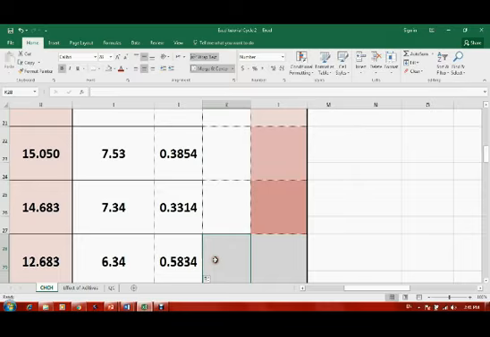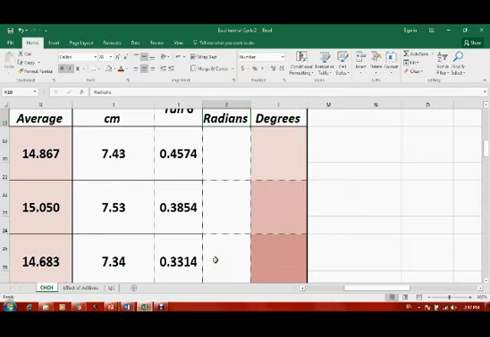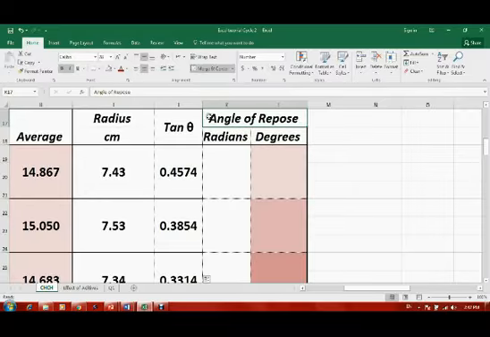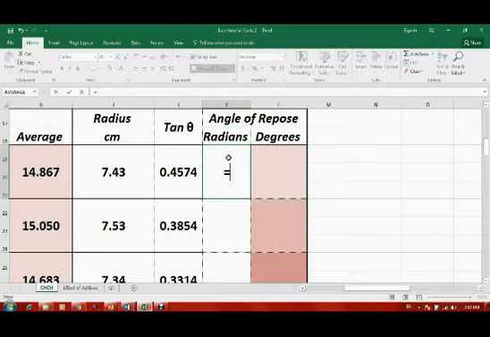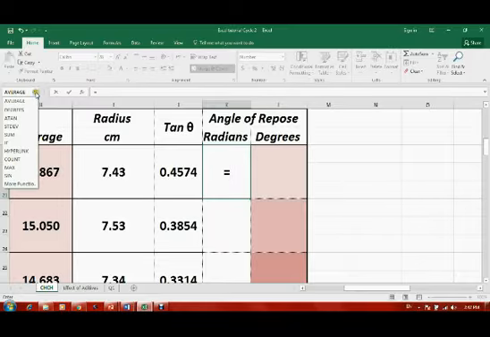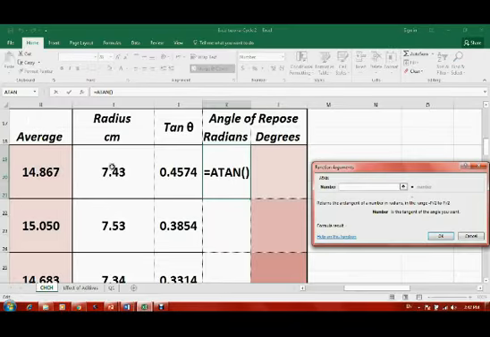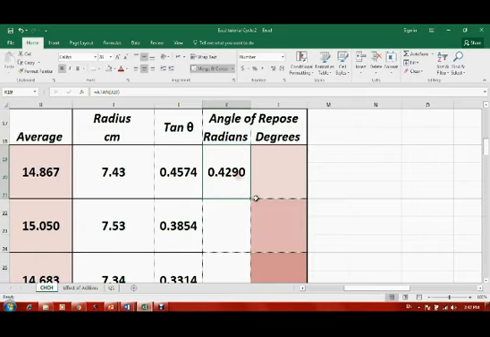Now, to calculate the angle of repose, I recommend to calculate the angle first in radians, then to calculate it in degrees. This will make it much easier for you. Use the correct function as you can see from the Excel and calculate the value of the angle in radians.